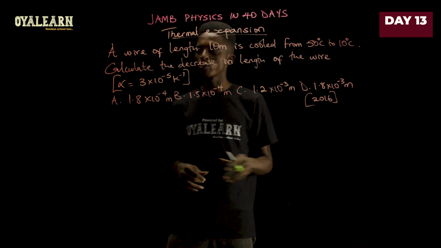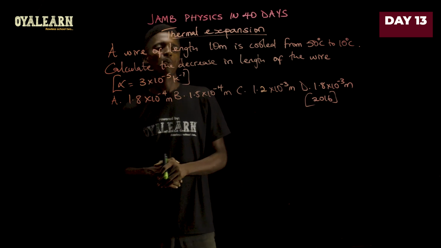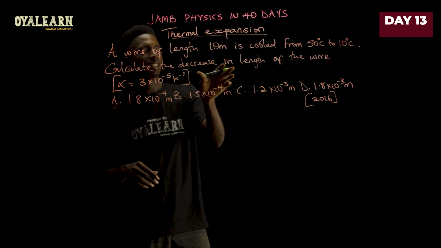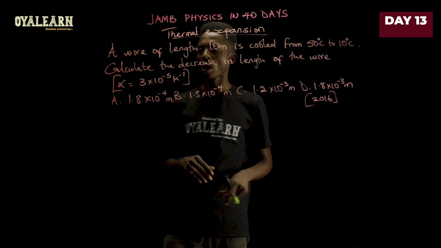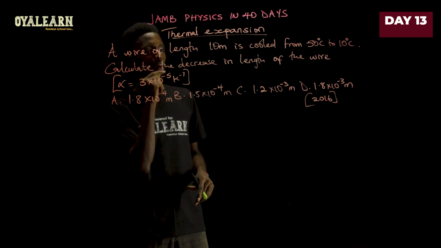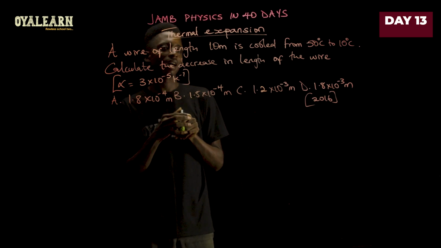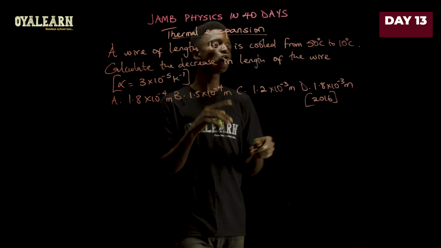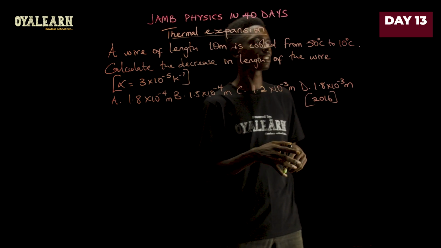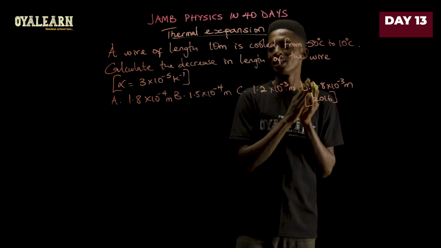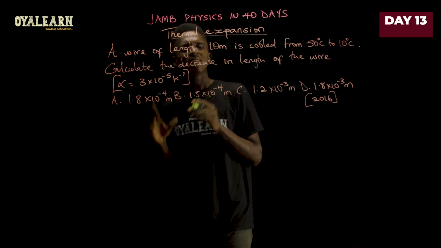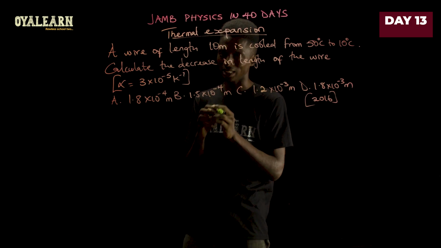In this question from 2016, we are to find the decrease in length of a wire. Now, the original length of the wire this time is 10 meters, and it is cooled from 50 degrees Celsius to 10 degrees Celsius. Now, in this case, you see that it is contracting again.